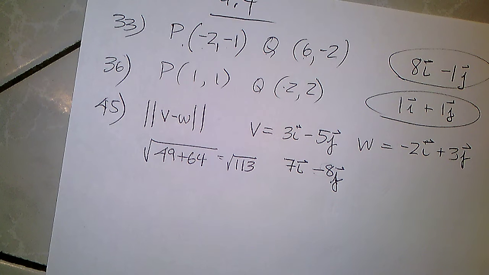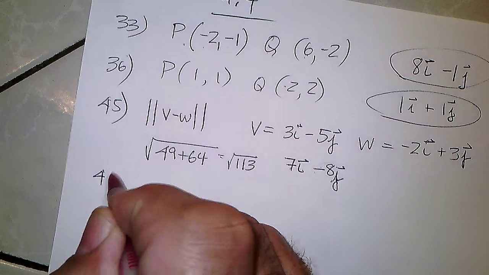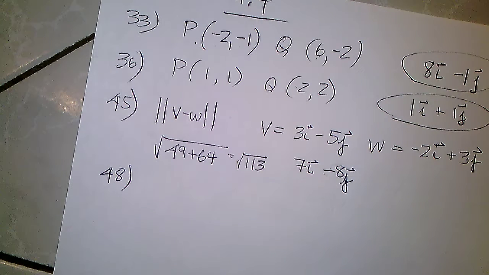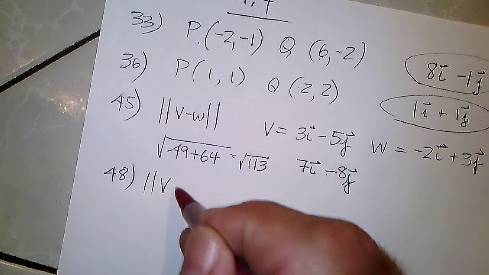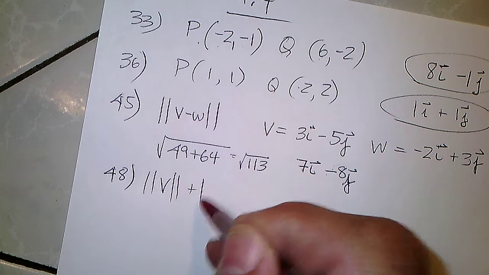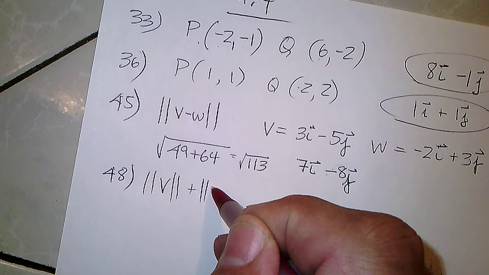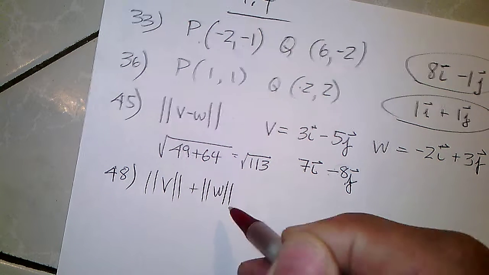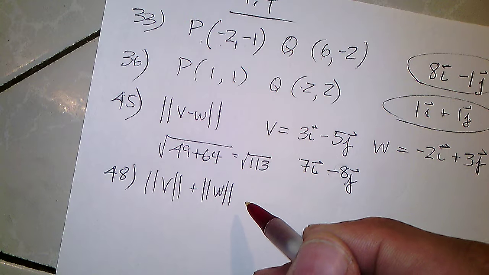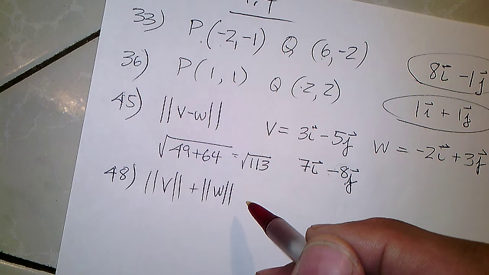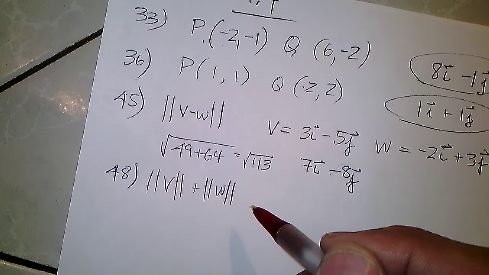Now, next one is 48. And that says, what's the length of V plus the length of W? And V and W are the same.